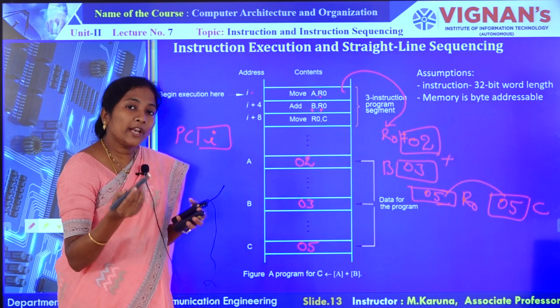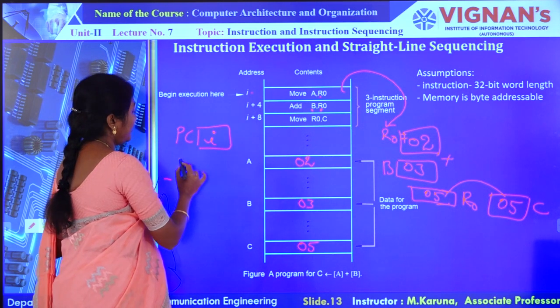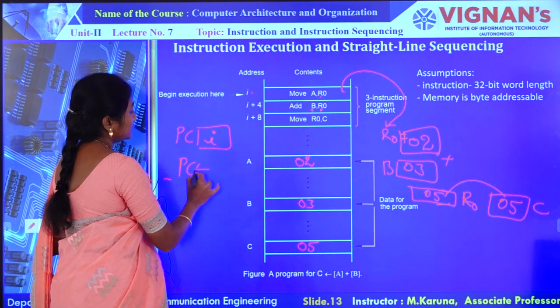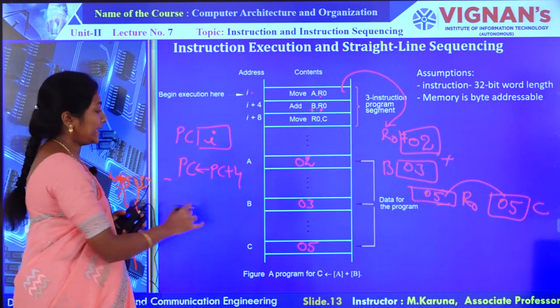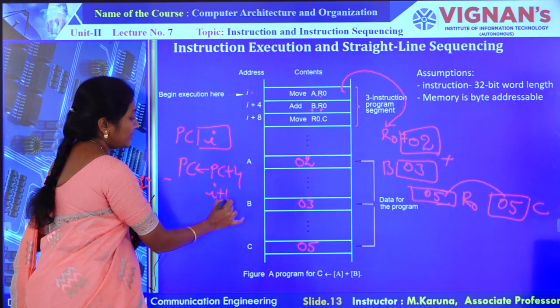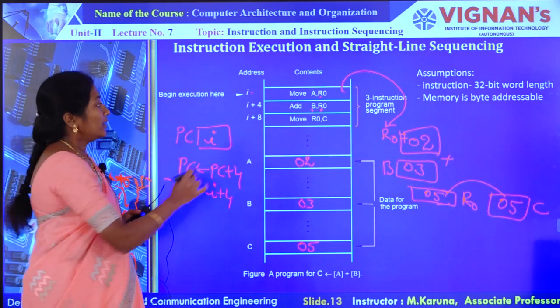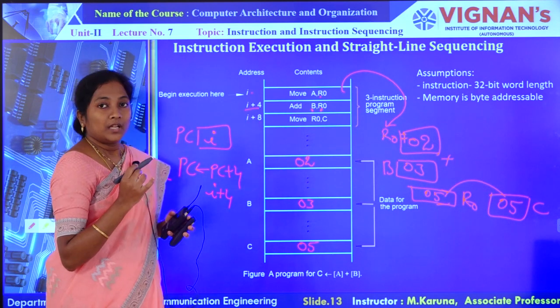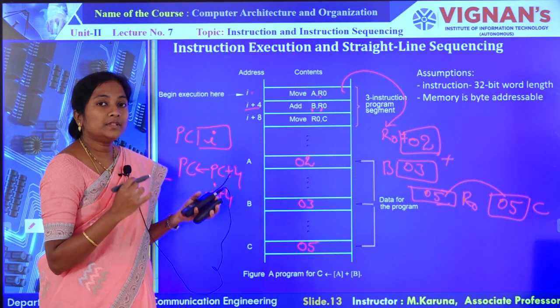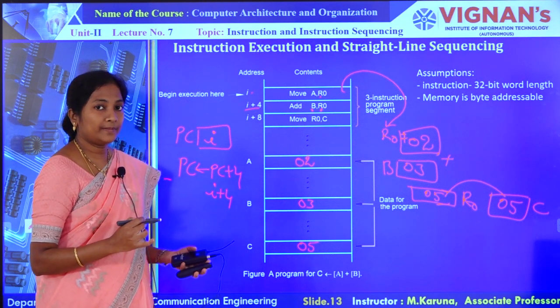Simultaneously, program counter is incremented by 4. That is I plus 4. Here at I plus 4, the second instruction is available.